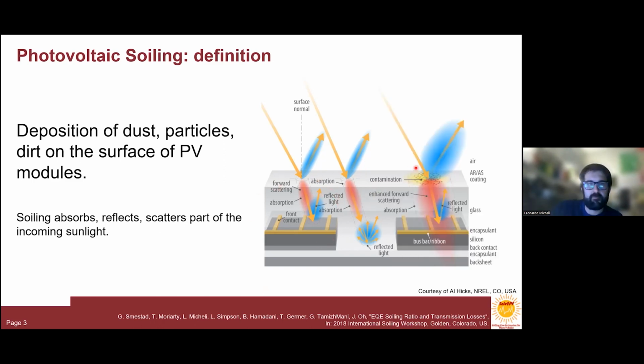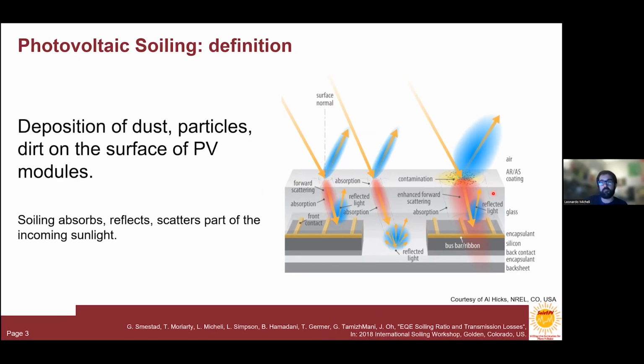Soiling absorbs and reflects part of the incoming sunlight. So at the end of the day, less irradiance is able to reach the photovoltaic material, and therefore less energy is going to be converted by the PV module. The layer of soiling on top of the PV glass is reducing the amount of energy converted by the photovoltaic modules, and this is causing both an energy loss and an economic loss.